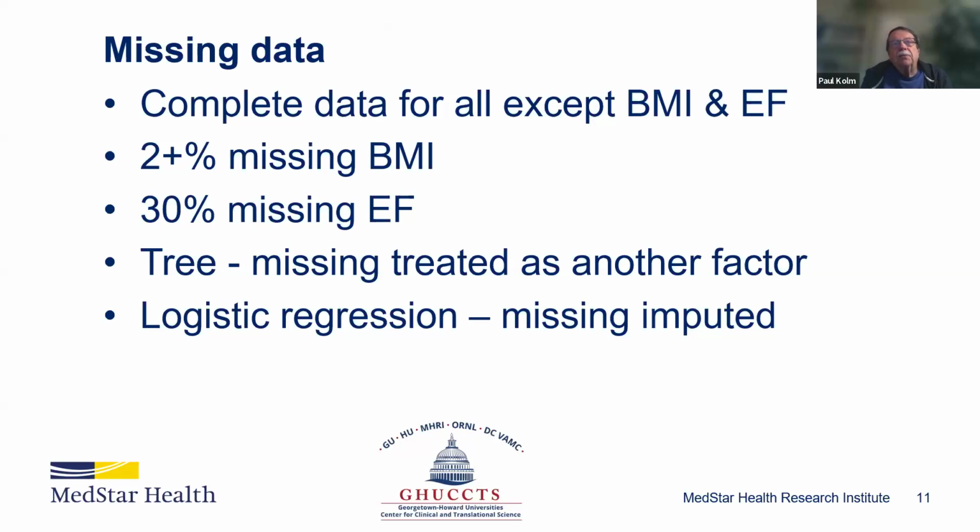And that's because ejection fraction is not a variable that's missing at random. It's a physician decision as to whether ejection fraction is measured in a particular patient. So in the tree analysis, the missing data is going to just be another category, just missing.